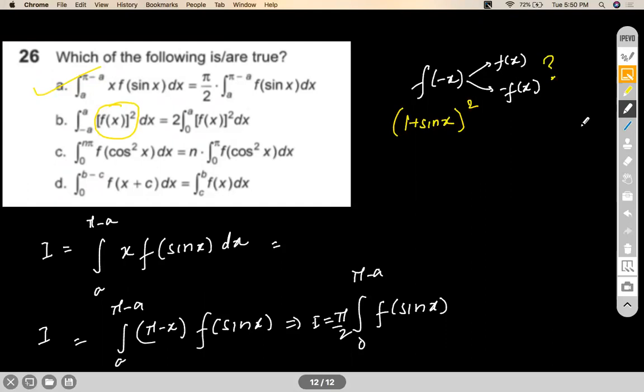Yes, we cannot make such a statement over here, because when you change your x with minus x, you don't know whether it gives you f of x or minus f of x, or it could give you neither also. So this is a doubtful property. So B cannot be your option.